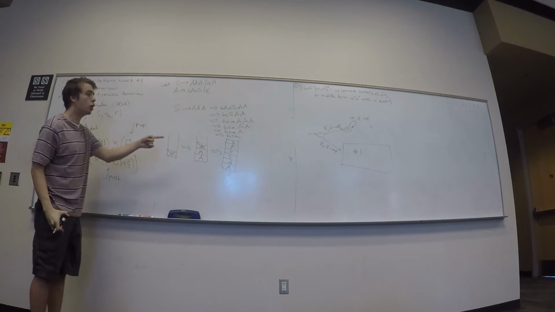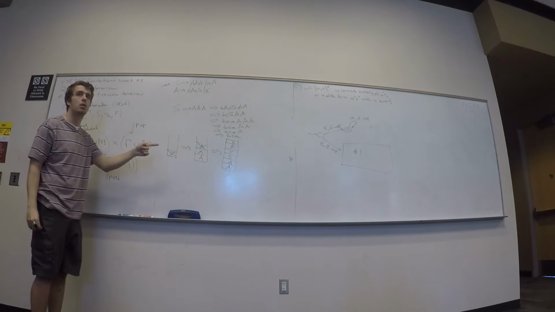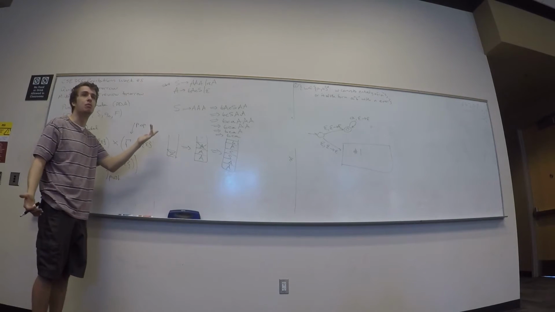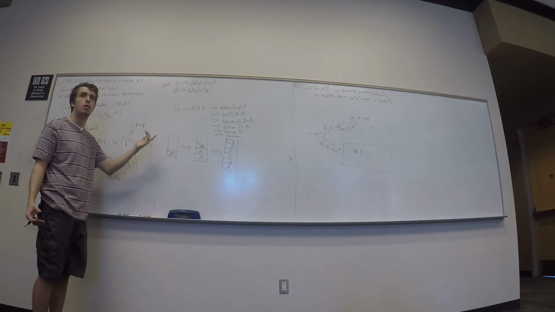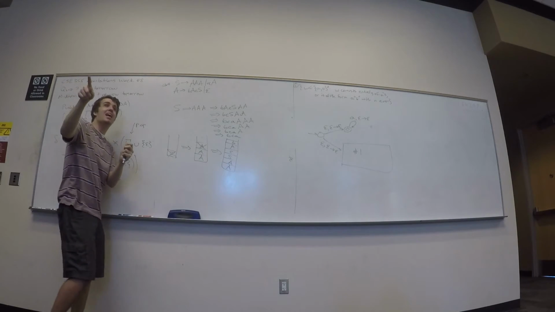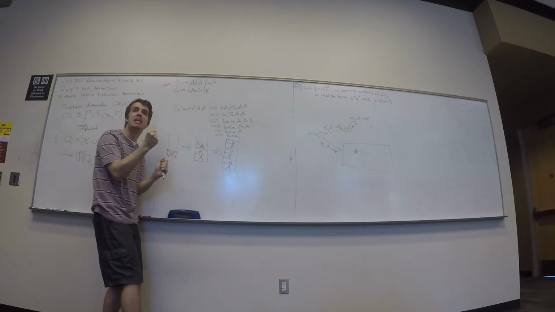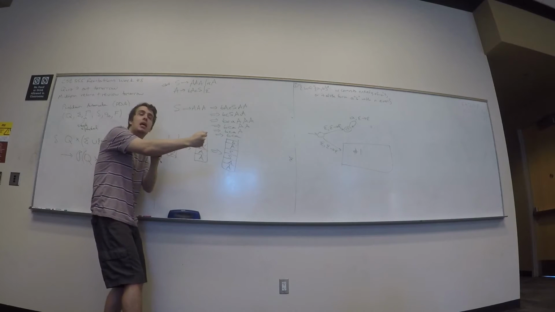Oh, wait, there's a terminal on top of the stack now. What am I gonna do? I can't replace it with anything. Pop it, but what else am I gonna do along with that? Read it, so keep track of the string we're trying to recognize. Yes. I remember PDAs have an input that they need to match up.